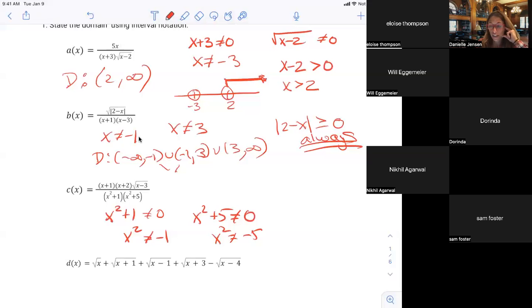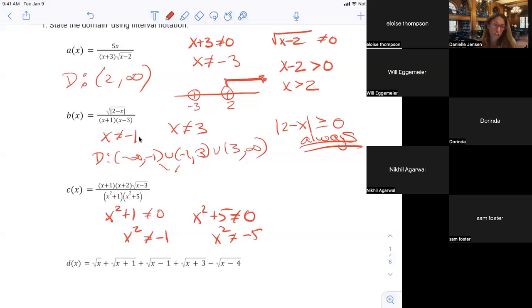No. So in fact, there's no restrictions from the denominator. Those will never be 0, because for X squared, you're always going to get 0 or positive. So that will never be 0 when I add 1 to it. Same with X squared plus 5.